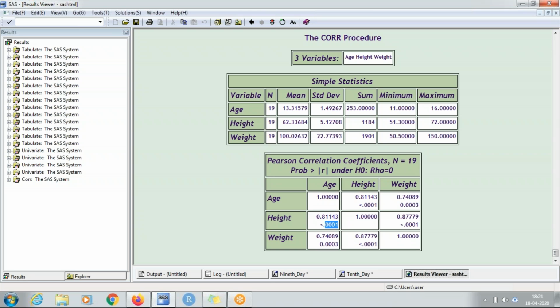When p is low, and low means 0.05 से low, null will go. Alright? So we will reject null hypothesis, which means there is a correlation between age and height, age and weight, and weight and height.